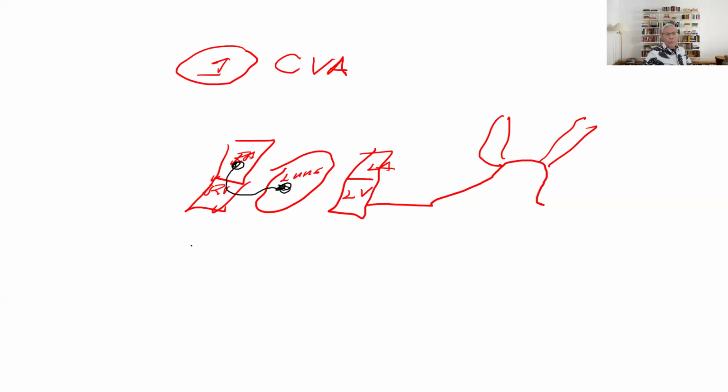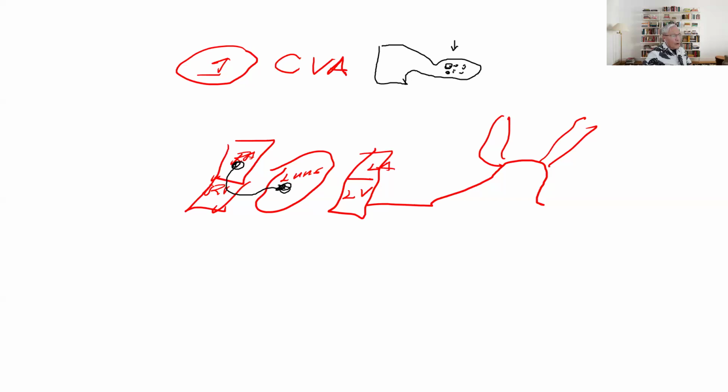But I told you that it causes a CVA. Now, the reason why it causes a CVA is because the left atrium has an anatomical part called a left atrial appendage, like an appendix. So if blood is not circulating well, it's going to stagnate in this area because it's a small area.